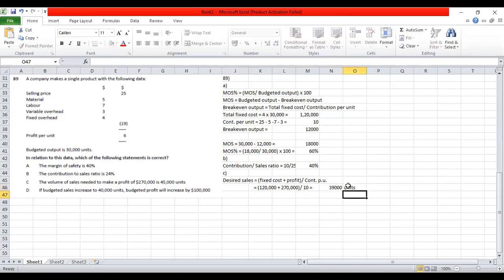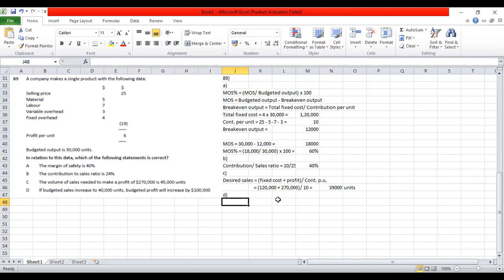So let's check whether D is correct. D says if budgeted sales increase to 40,000 units, budgeted profit will increase by 100,000. At present they have 30,000 units level. If they increase by 10,000 units, the budgeted profit will increase by 100,000, is what they mentioned.